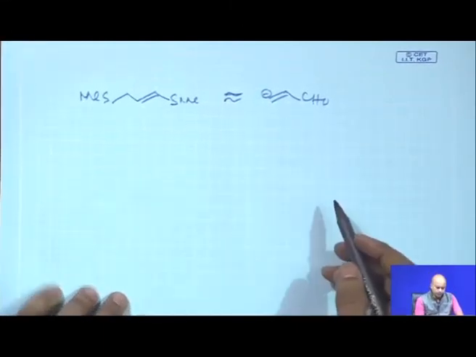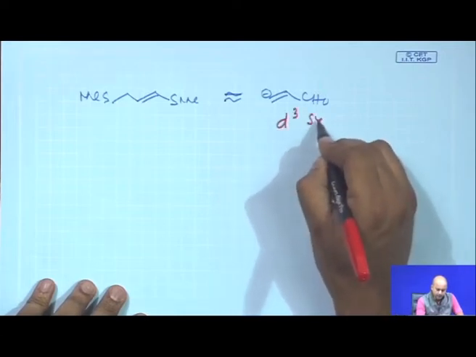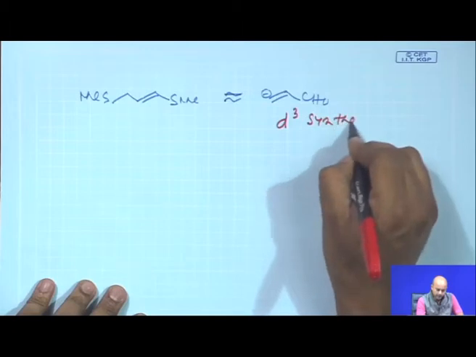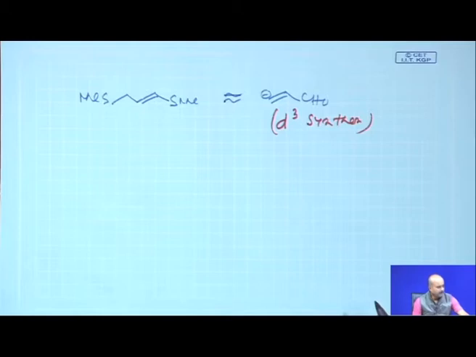So, the whole process was basically acting as a d3 kind of synthon, definitely, and this is a donor synthon reacting with an acceptor synthon.